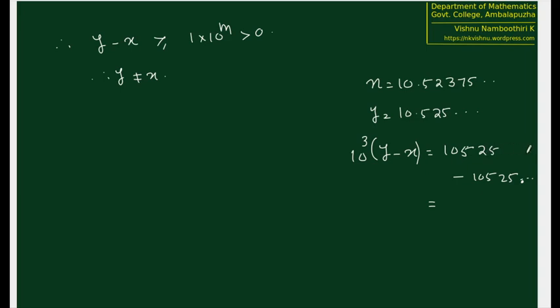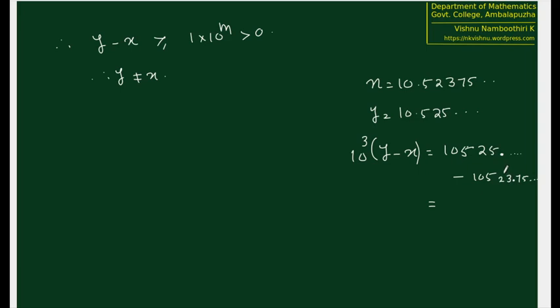That is 525 point, we don't know what it is after that. Here it is: 10523.75 extra. So the difference between these two, 10525 and 10523, is 25 minus 23.